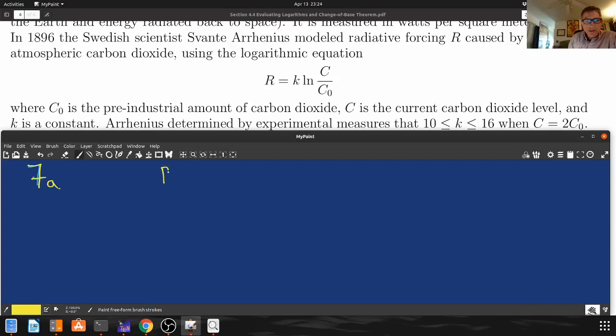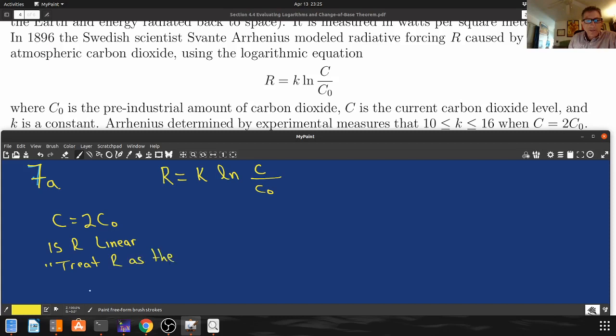So we need the relationship. R is radiative forcing, K is some constant. We have the natural log of C divided by C naught. So we're given that C is equal to 2 C naught. And we're asked the question, is R linear? So we can treat R as the y-axis.